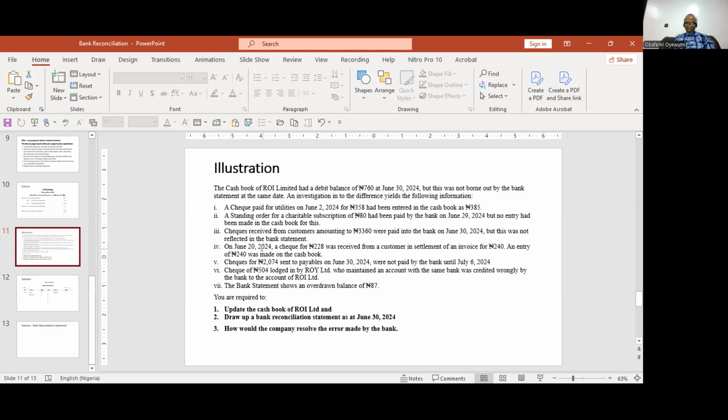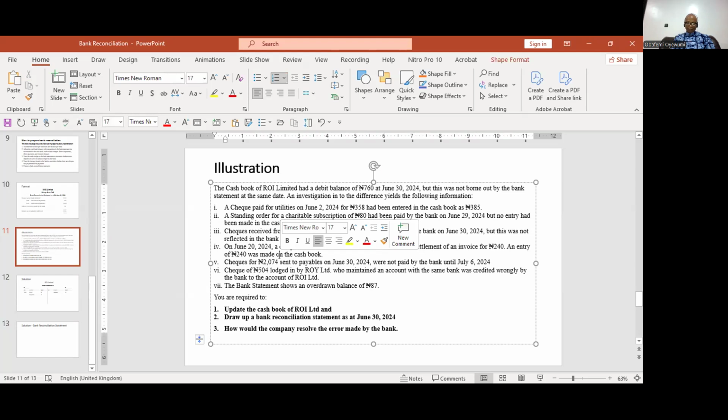On June 20th, 2024, a check for 228 was received from a customer in settlement of an invoice of 240. An entry of 240 was made in the cash book. So now let's look at this particular story. 240 was the amount, but 228 was received.